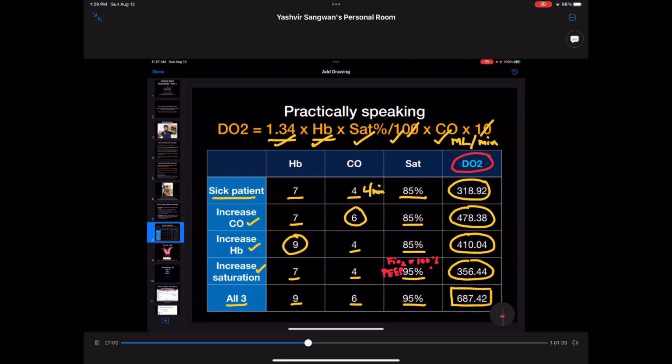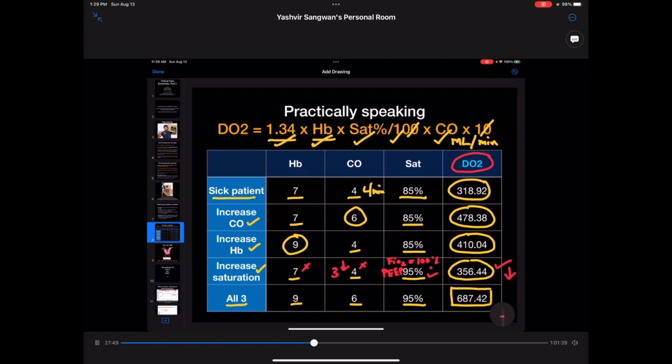If I increase the FiO2 and increase PEEP and make the person's saturation 95% without affecting the cardiac output, because one thing that the PEEP can do is to decrease the cardiac output. Because if I increase the saturation from 85 to 95%, approximately 10%, but because of that action, I decrease the cardiac output by 20%, my DO2 will actually decrease.